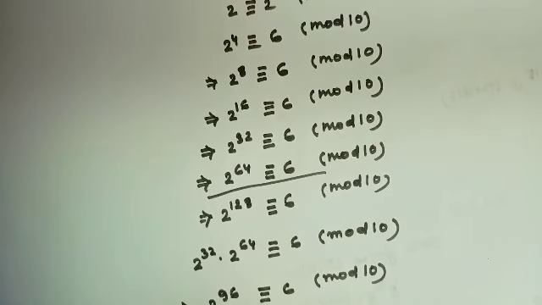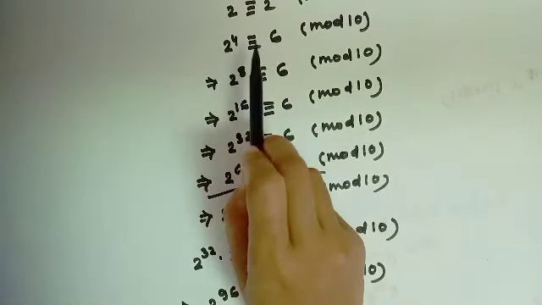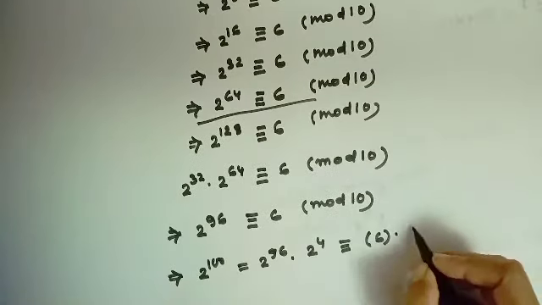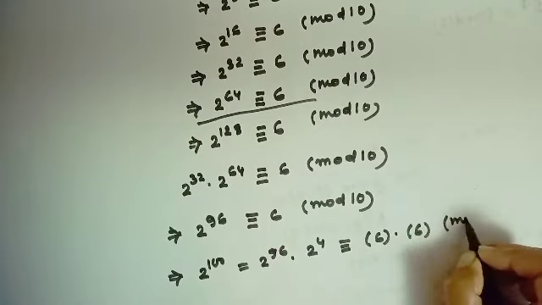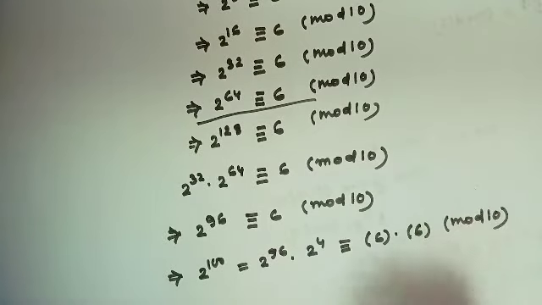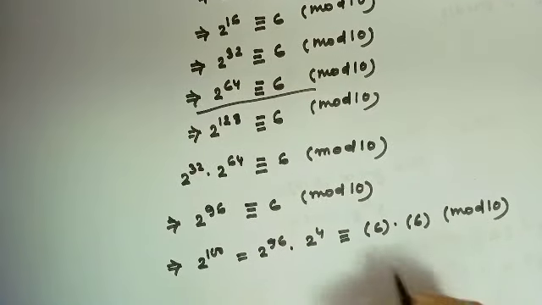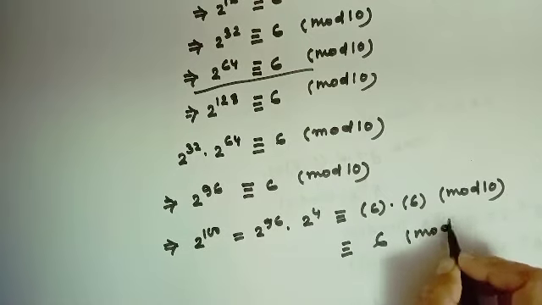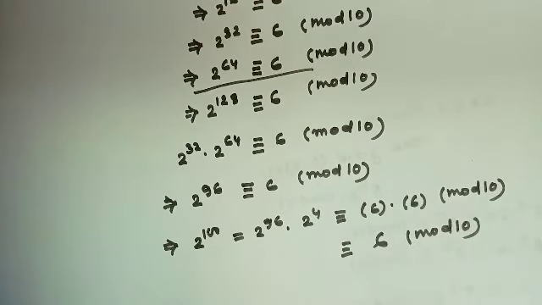But the question is 2 to the power 100, so we need 2 to the power 4. That means 2 to the power 100 equals 2 to the power 96 times 2 to the power 4, which is congruent to 6 times 6 modulo 10, which is also congruent to 6 modulo 10, right?